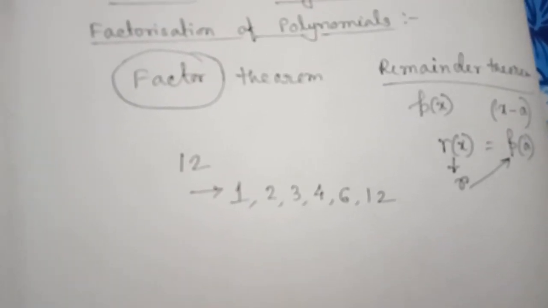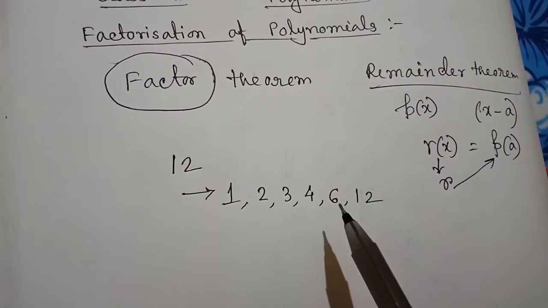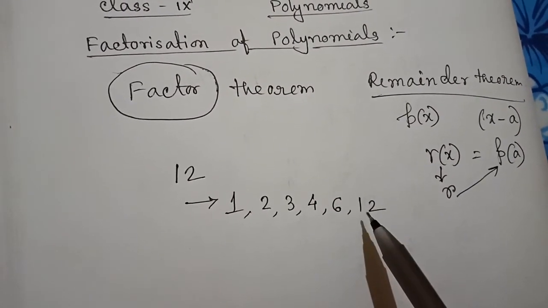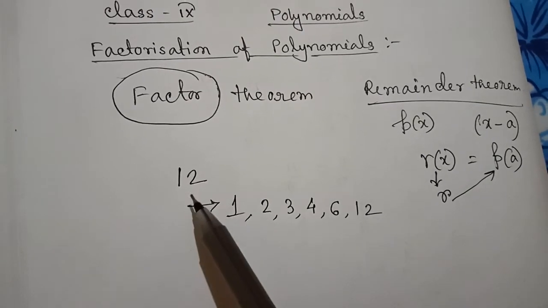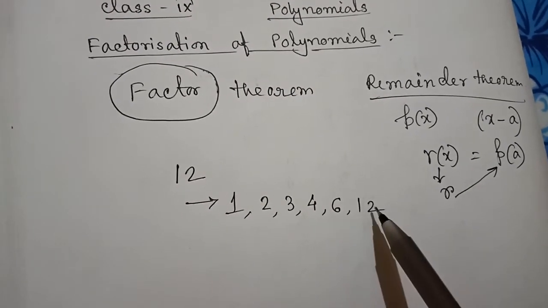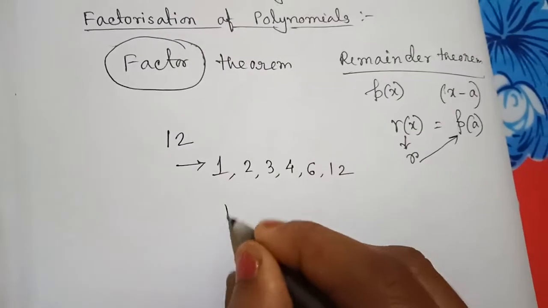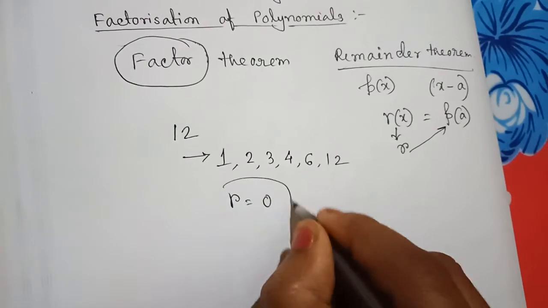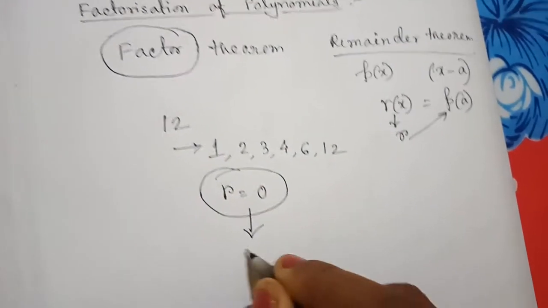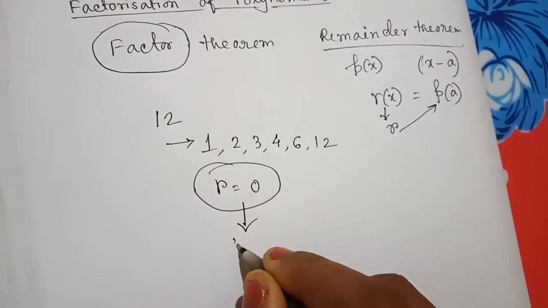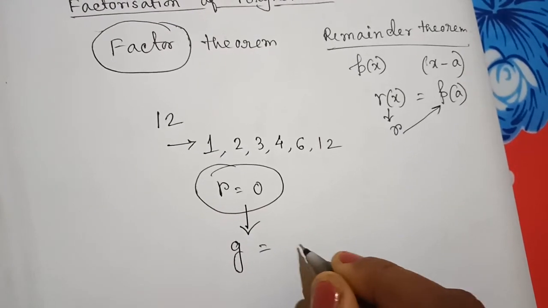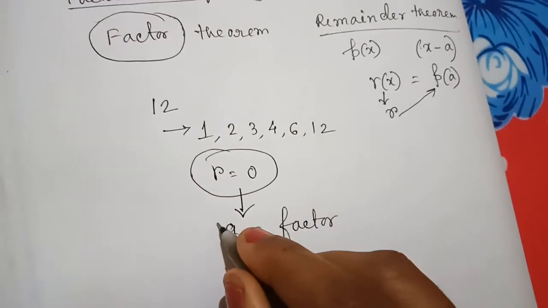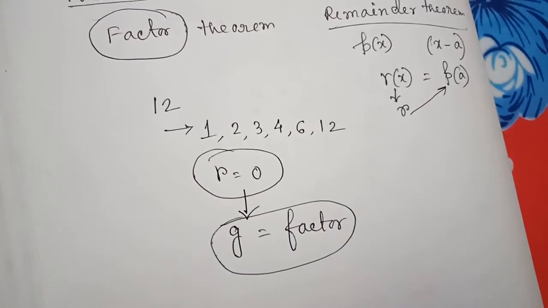Because if you take any of 1, 2, 3, 4, 6 and 12 as divisor and divide 12 by these 6 numbers, you will always get the remainder 0. It means we can say that if the remainder is 0, then the divisor, suppose g, is a factor, right? And if g is a factor, then r will be 0.